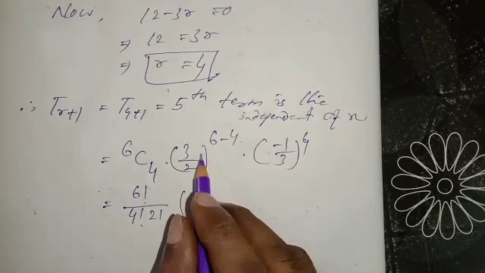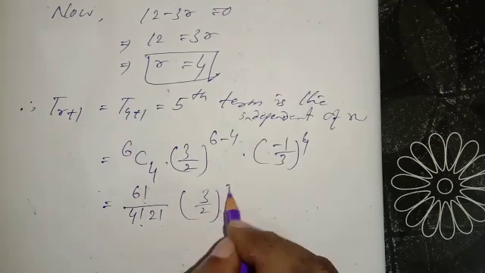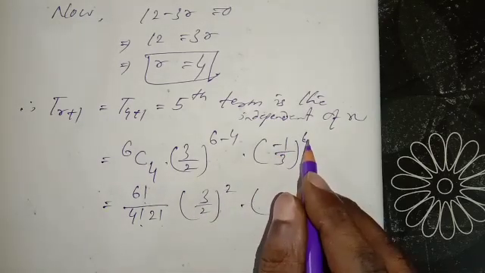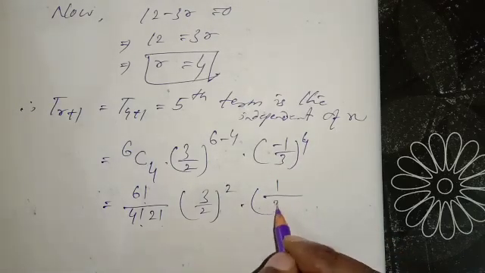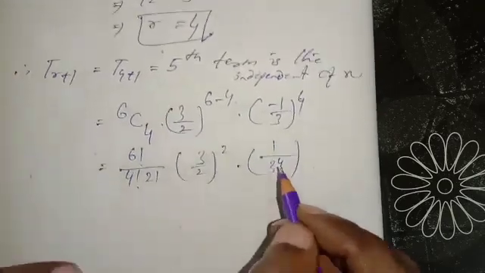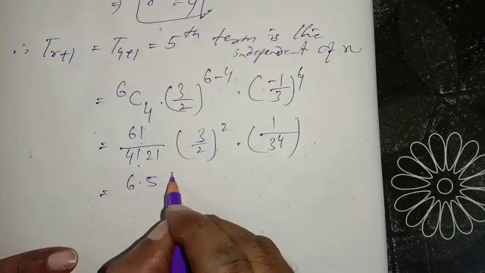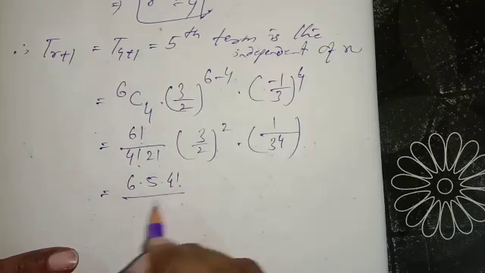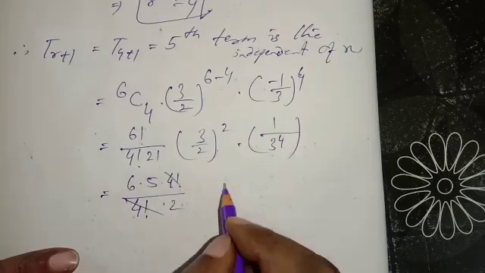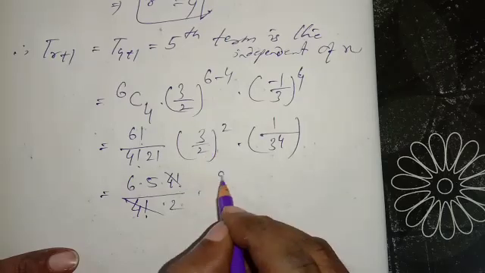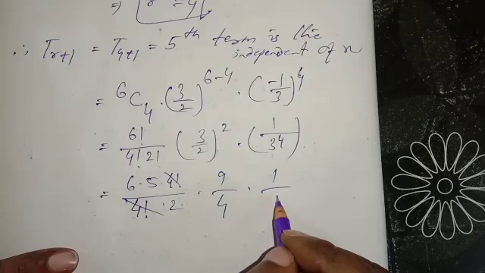Then (3/2) whole square, 6 minus 4 being 2, and this will be positive as the power is even, and (1/3) to the power 4 means 81. Next step I am writing all these things. 6 factorial breaks into 6 into 5 into 4 factorial, and here also 4 factorial, it will be cancelled, divided by 2, and this will be 9 by 4, and 1 by 3 to the power 4 is 1 by 81.